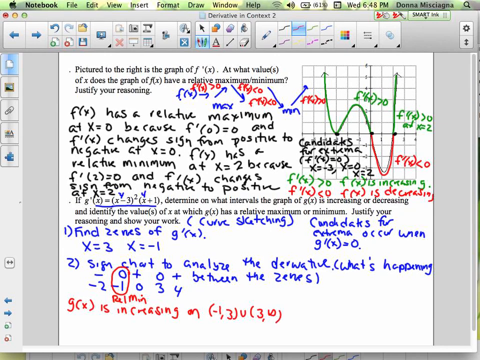I could have chosen 4, I could have chosen 5, I could have chosen 3.1. Every value that's greater than 3 is going to be positive. So our function g of x is increasing on -1 to 3 and then 3 to infinity, because g prime of x is greater than 0 on this interval.